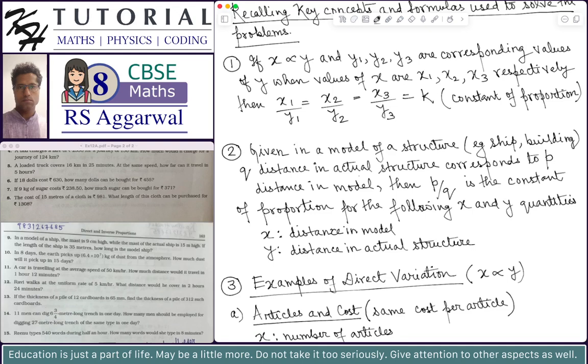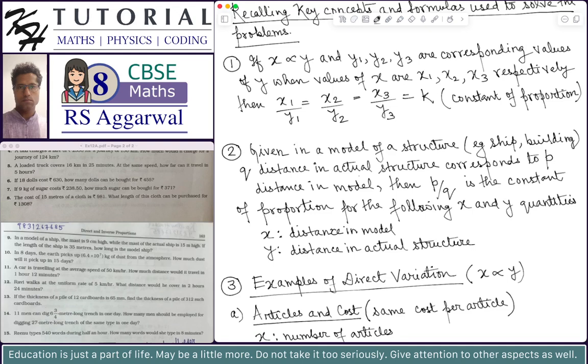Similarly, in the model also, the concept is the same. So q distance in the actual structure corresponds to p distance in the model. Now this p distance is always given in a smaller unit, normally in centimeter, and the q distance in the actual structure will usually be given in kilometers or even in meters.